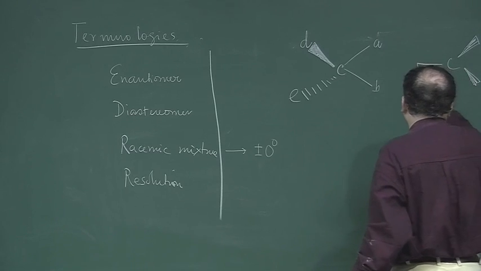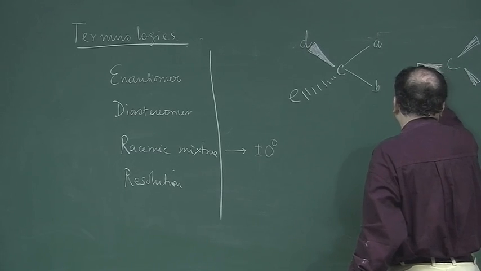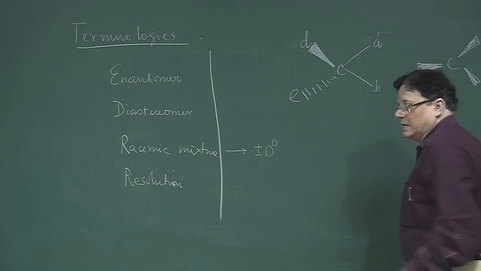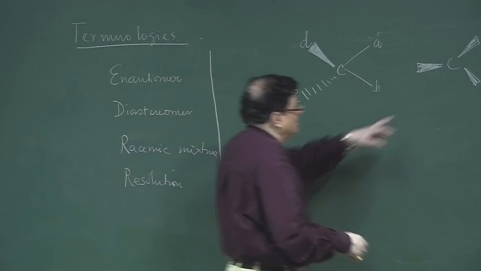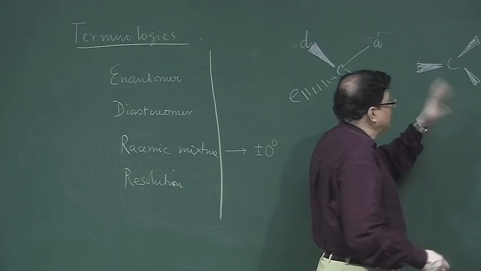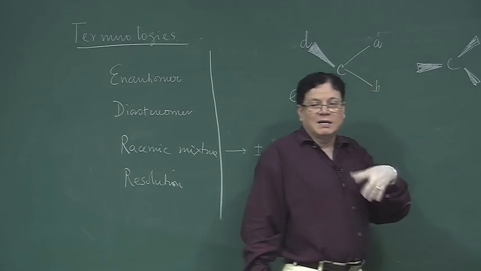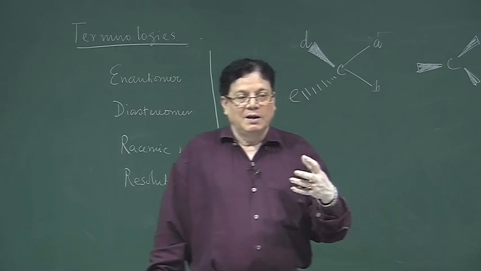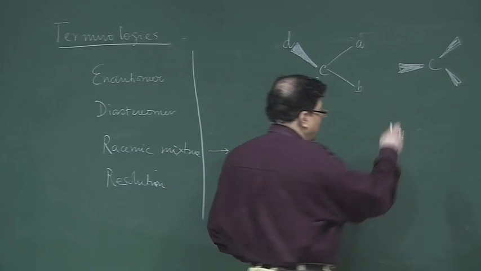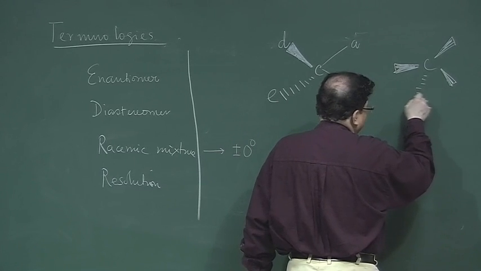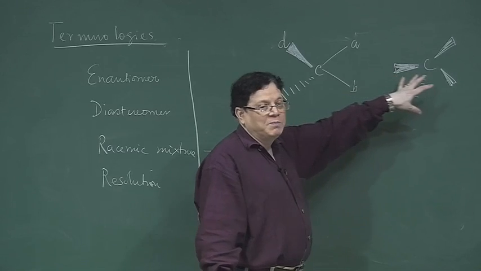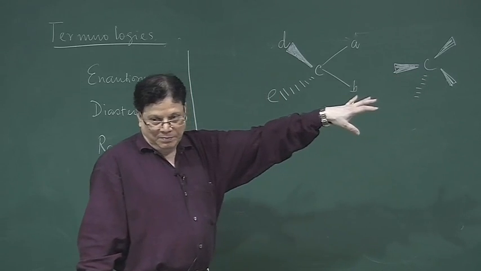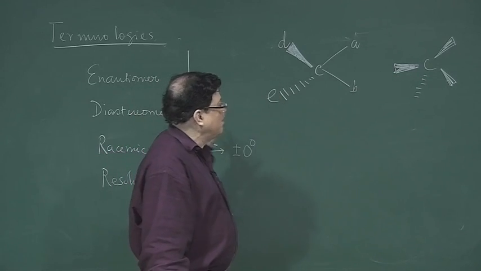So, now you know this: when I draw this and darken the bonds and show it, that means these 3 bonds are above the plane. And what did I say? If 3 bonds are above the plane, then the fourth bond will lie below the plane. Okay. So, this is another way of representing the tetrahedron in the 2-dimensional plane.